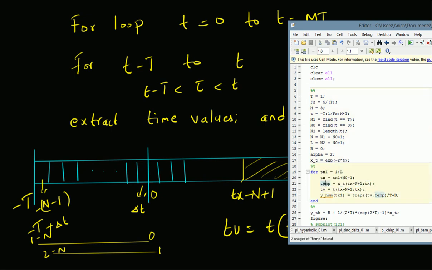The time vector is given by t from t[x minus n plus 1] to t[x]. So that is the value of the time, and the signal corresponding to this time is temporarily stored in a vector temp. Then we do the integration and get the numerically computed average value, and we also construct the theoretical value, that is, we write the expression for the theoretical value of this averager.